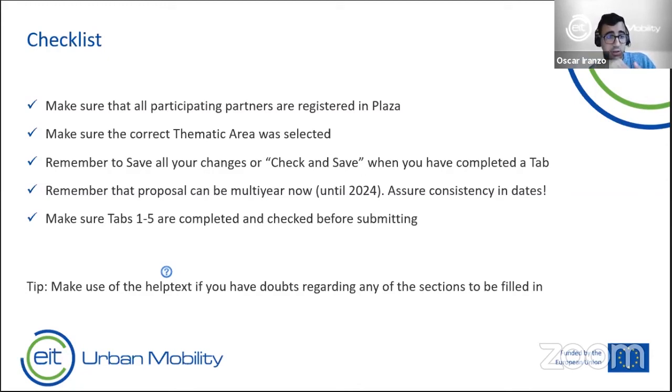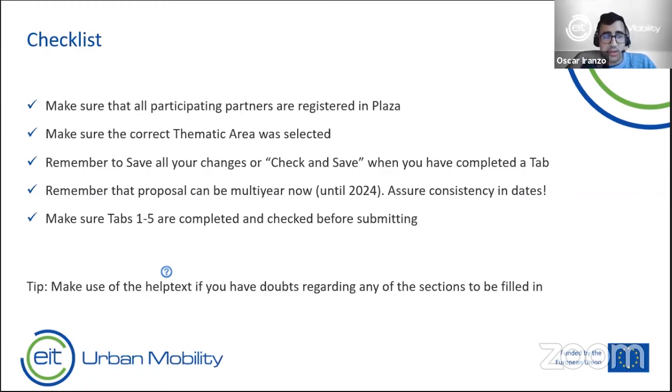Then remember that your proposal, as I said, can be multi-year up until the 31st of December 2024. So make sure that you are always consistent in the dates and the budgets and the items that require a date. So for instance, if your proposal's planned duration is 1 year, please do not have deliverables that exceed the date and vice versa.